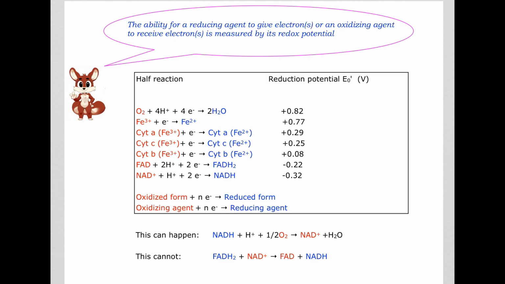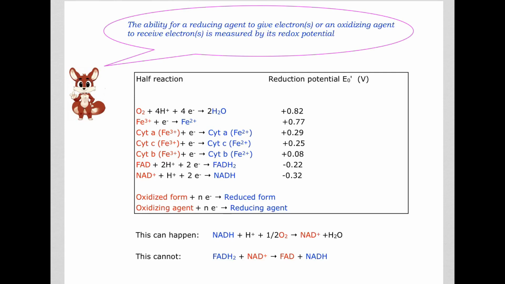The reduction potential of a chemical is measured in volts. So these numbers here, plus 0.82 is plus 0.82 volts, plus 0.77 volts, and so on.